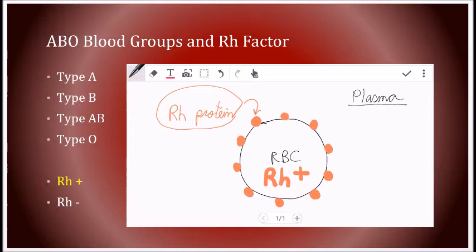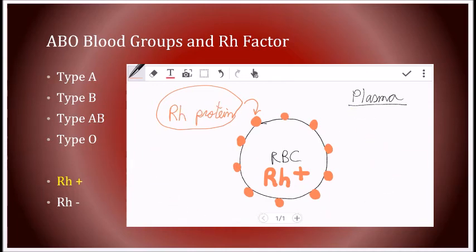Now, RH factors are virtually the same thing. We say that a person is RH positive when the red blood cells have the RH protein on their surface. When they have the RH protein on their surface, their plasma cannot have RH antibodies.